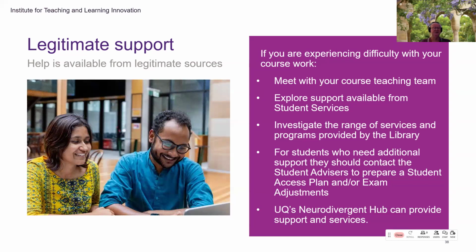If you have a student with ADHD, or they might present as autistic, there's support available for them through Student Services, and they can get a student access plan and exam adjustments that will support them. If you've got students that are neurodivergent, there's a hub there that can offer them support, and you can direct them to it. And there's a range of services available to them as well.